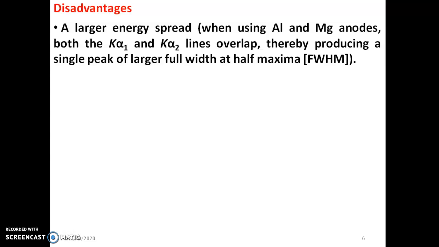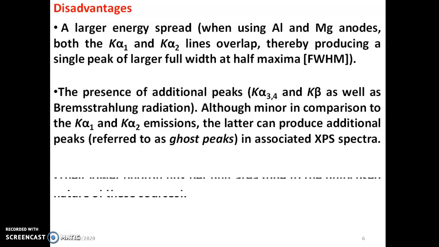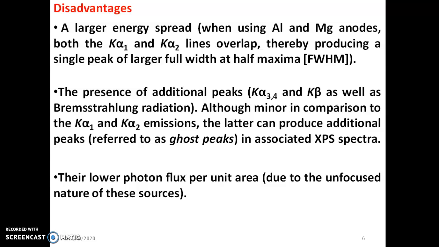We can't differentiate the expected and unexpected signals, and thus our output gets misguided. This unexpected signal is sometimes referred to as a ghost signal. Therefore, to avoid that, it is essential that the energy spread of the signal be small. That is the main disadvantage, and it should be optimized.